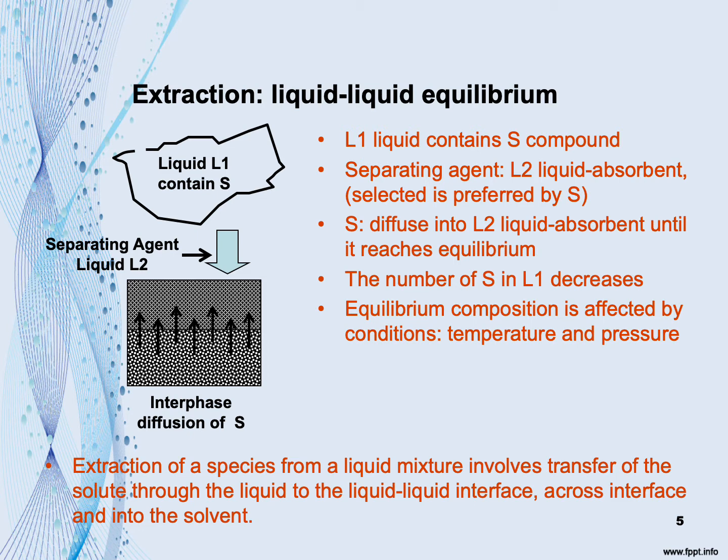Usually in extraction, we have two phases, and in the end there will be an extract. The extract is the liquid that contains more of the compound that we want, and the remaining solution is called raffinate. Raffinate is the remaining solution that still has a little bit of the S compound. So extraction removes a species from a liquid mixture. It involves transfer of the solute through the liquid to the liquid-liquid interface, across the interface, and into the solvent.